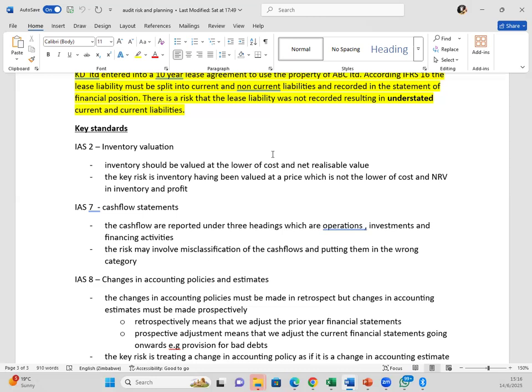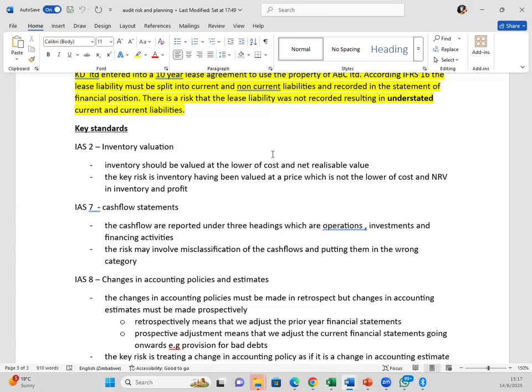So we did talk about IAS 2, which is a standard on inventory valuation. Of course, the detail of IAS 2, you get when you're doing F7. But I did mention that the issue that normally affects us in auditing is how the inventory was valued. If you're an auditor and you are told that they valued inventory using this method, you need to watch out.